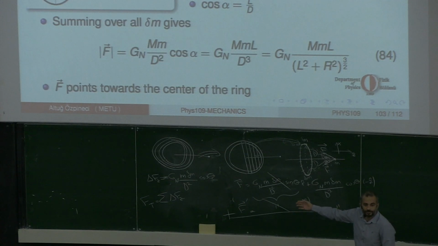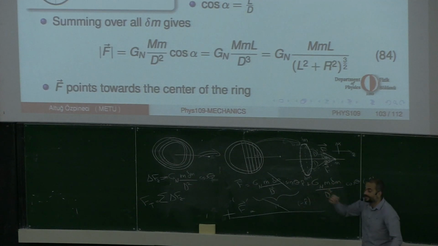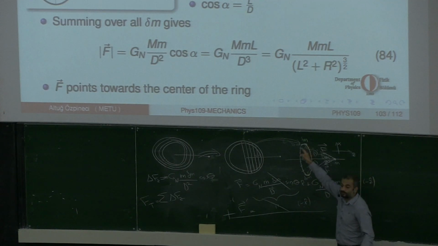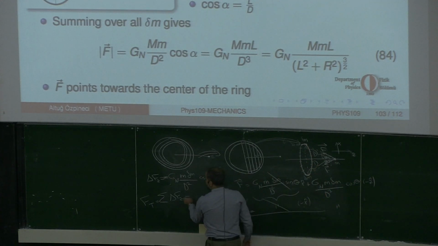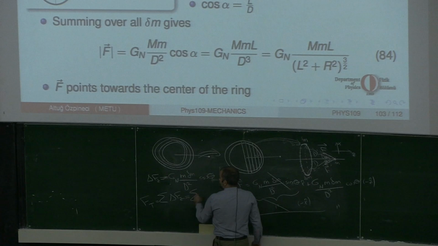Now, you should already be familiar with the fact that this is an integral. So you will end up having an expression for the force as an integral over the ring. But we will not even need that integral. Let us write this explicitly.